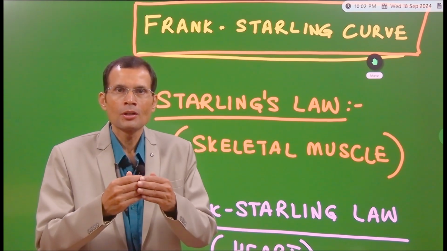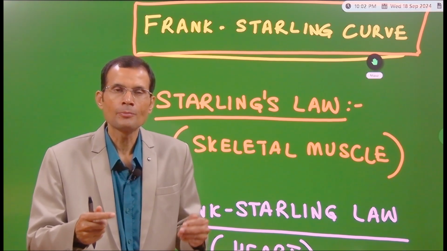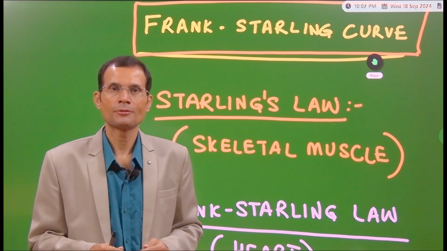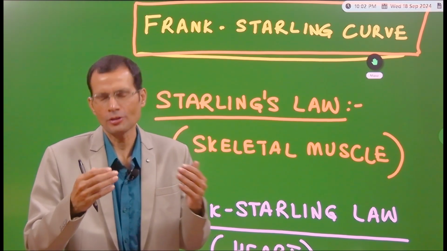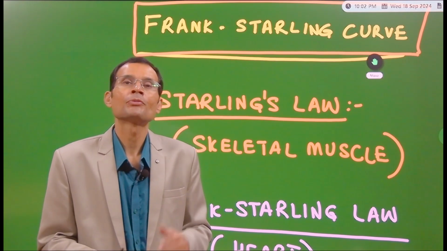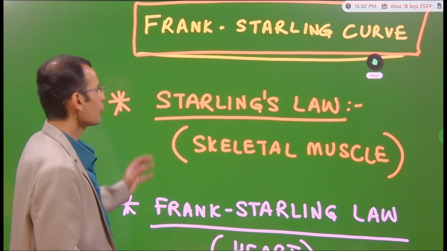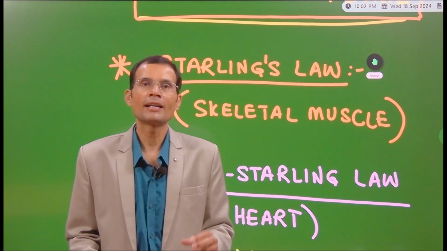It's because when there is a greater length of the muscle fiber, then there is a better actin-myosin interdigitation, and if there is optimum actin-myosin overlap, or rather actin-myosin interaction, then there is a stronger muscle contraction, and therefore that's the Starling's law which applies to the skeletal muscle.